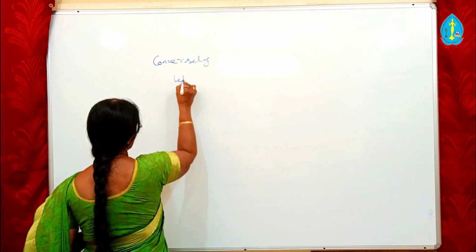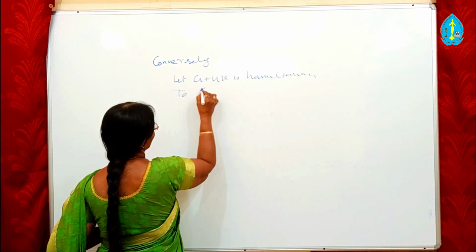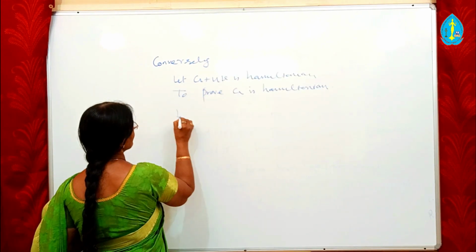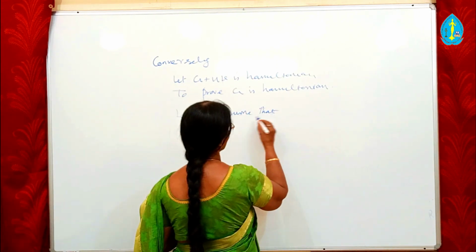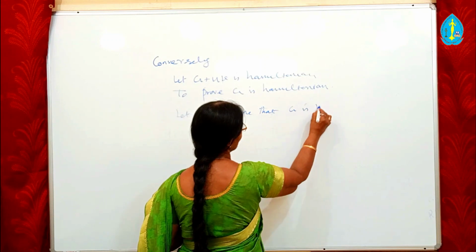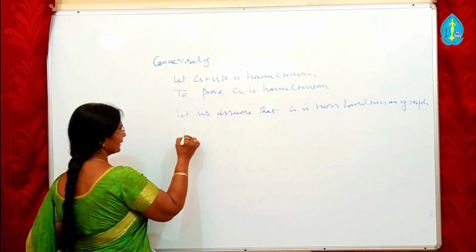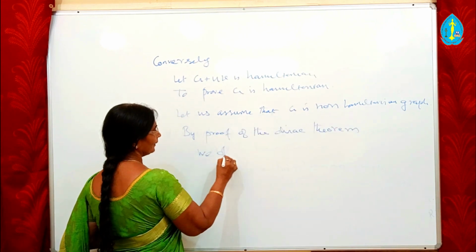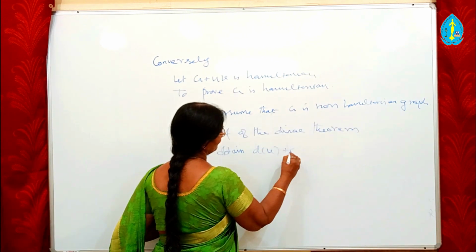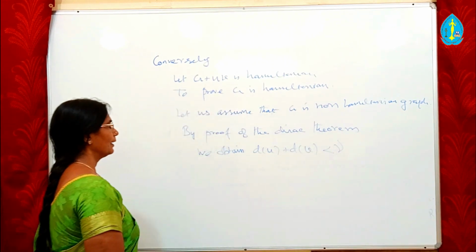Conversely, let G plus UV be Hamiltonian. To prove G is Hamiltonian, we prove this by contradiction. Let us assume that G is non-Hamiltonian. Then by the proof of Jarrac's theorem, we obtain d(U) plus d(V) less than gamma.